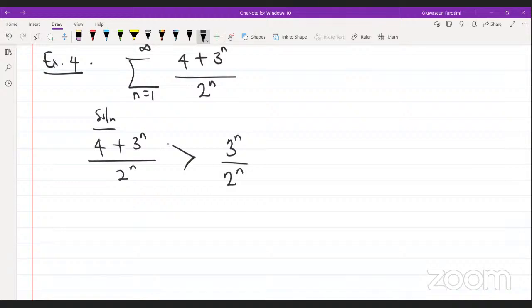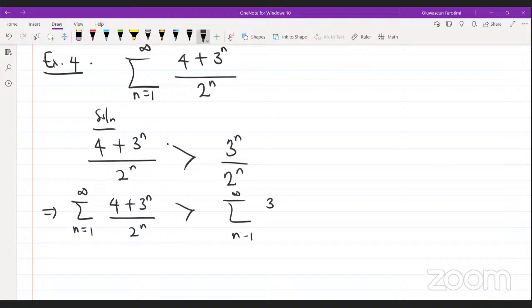So right now, I'm free to introduce my sigma notation. This is the sum from n equals 1 to infinity of 4 plus 3 to the power of n over 2 to the power of n, and this guy is bigger than the sum of 3 to the n over 2 to the n. Keep in mind that this guy can be written as this. Similarly to what we did before, I can do exactly the same trick.